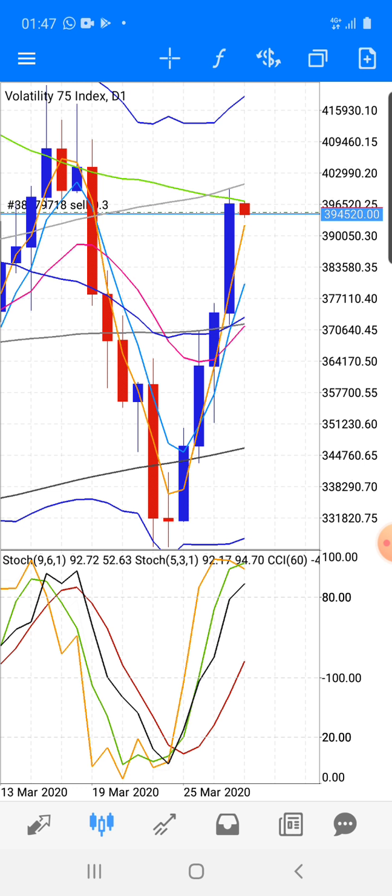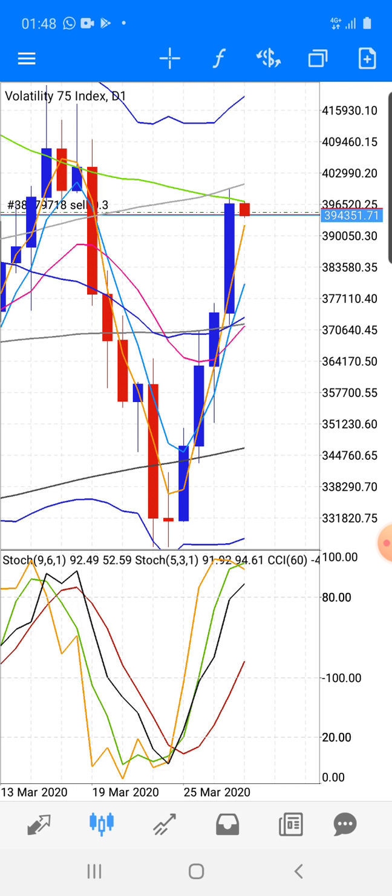So we're trying to get in early. As you see, the daily candle, this is 1:47, about 1.5 hours into the new day. So the first thing you check on the daily is, are all the stochastic and CCI indicators crossing and coming together, showing a reversal?